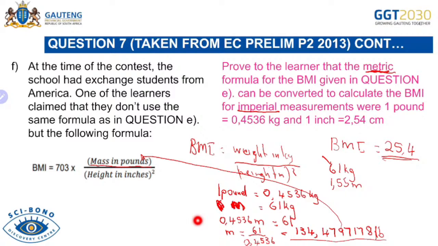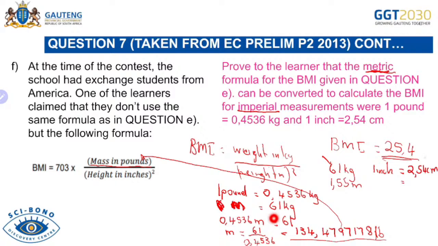What about the height? For the height, we are given the information that 1 inch is equal to 2.54 centimeters. Our height must be in inches. So let's see.